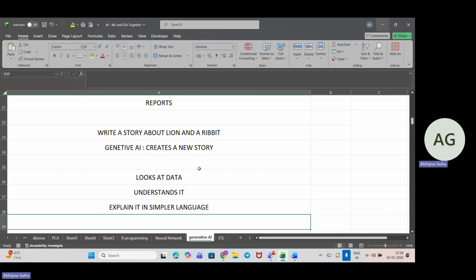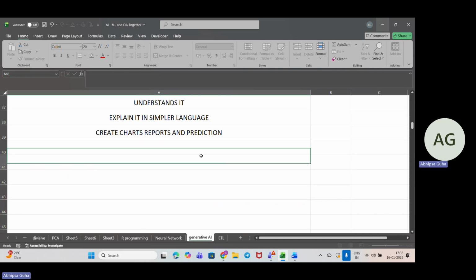Next, it creates charts, reports and predictions. Okay, so instead of a human doing everything, AI helps and speeds it up. Okay, so this is the idea.